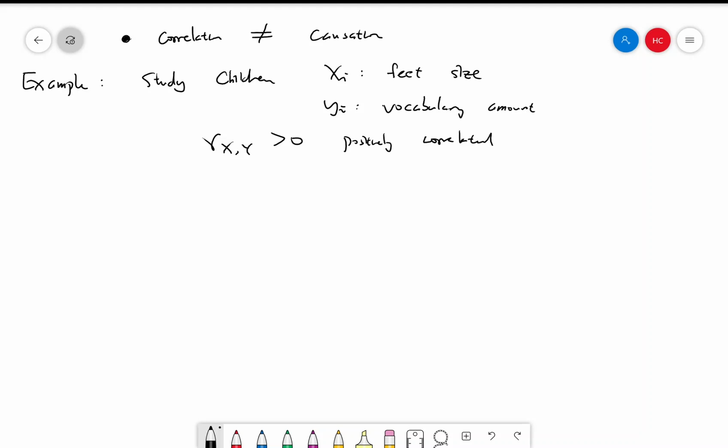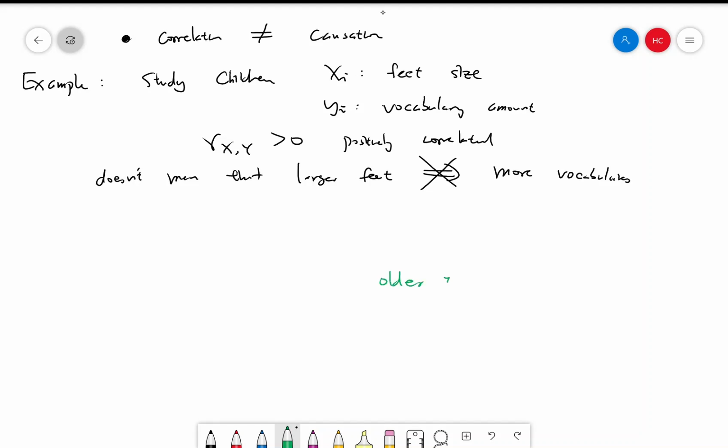But this doesn't mean that larger feet imply that this child knows more vocabulary. The reality is there's a third factor, which is older age. So this is the third factor, which causes both of them.